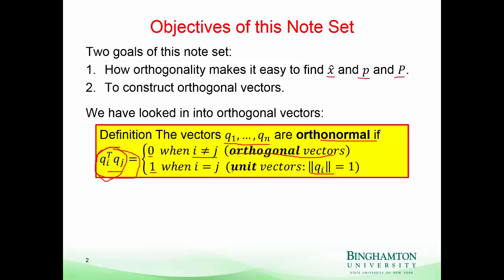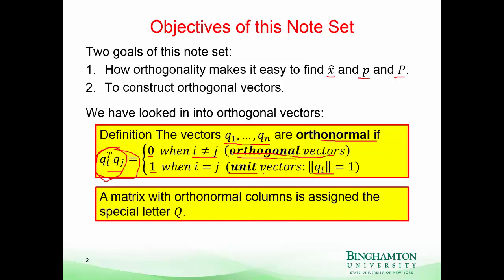So orthonormal means we have orthogonal vectors that also have unit length. So if we have a matrix that has orthonormal columns, not only do we use the little q's to talk about the vectors, but if those little q vectors form the columns of some matrix, we'll try to reserve a special letter, capital Q, for that matrix.